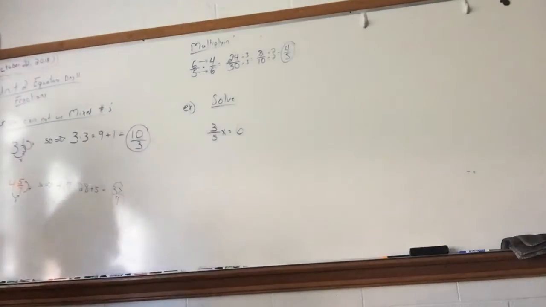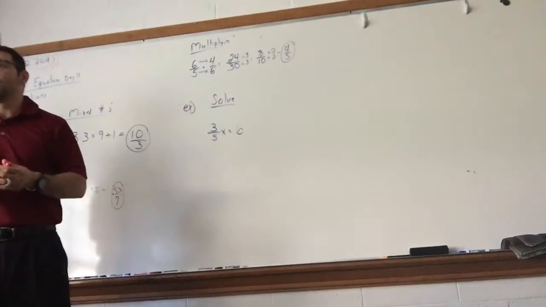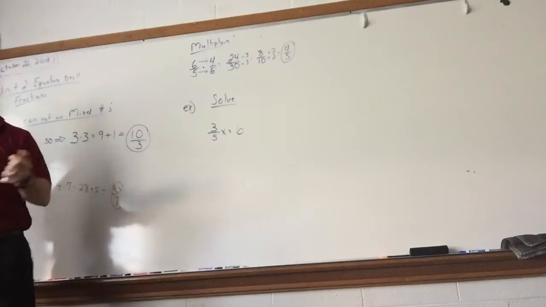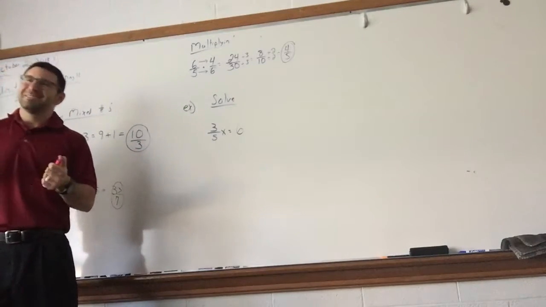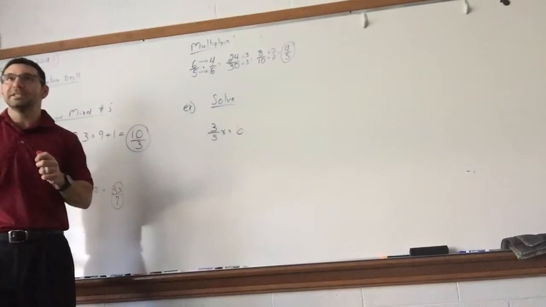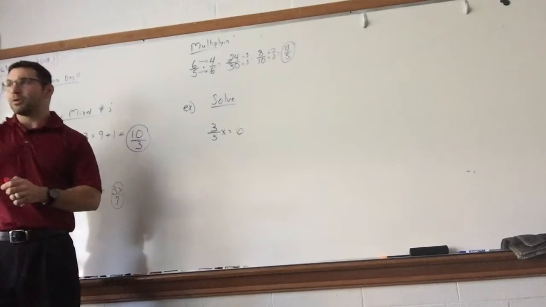When we have a fraction getting multiplied to the variable, anytime we have something smack dab up against the variable, it means multiplication, right? Our inverse is division. Can we divide by a fraction? Not really. So instead of dividing by a fraction, what do we need to do? We're going to multiply, but multiply by what?